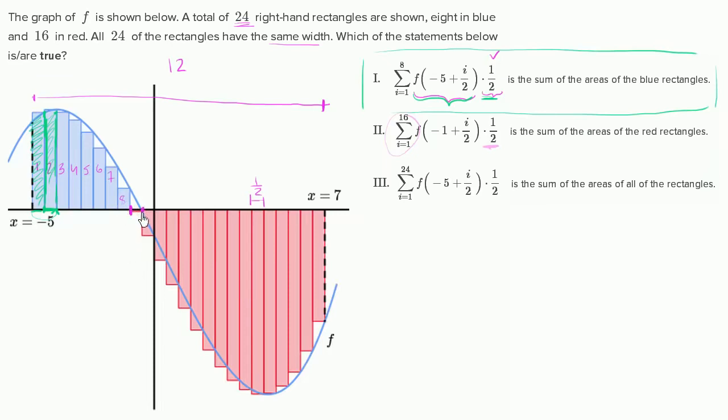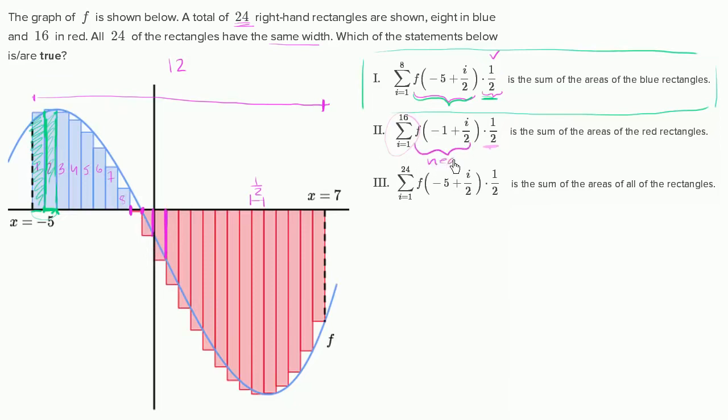And f of that is going to be, you might say, hey, isn't that going to be the height of that rectangle? When i equals 2, isn't it going to be the height of that rectangle? And when i is equal to 3, isn't it going to be the height of that rectangle? And that's where we have to be very careful. They're going to have the same absolute value, but these are all going to be negative values.